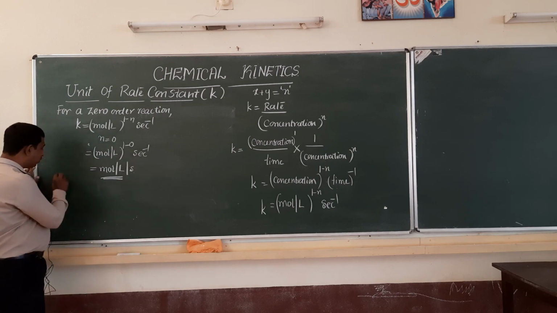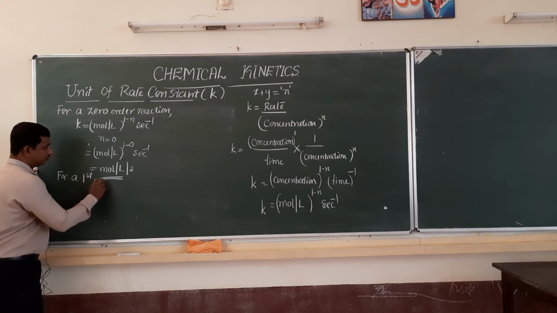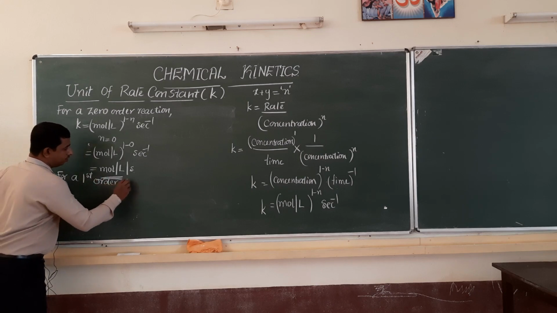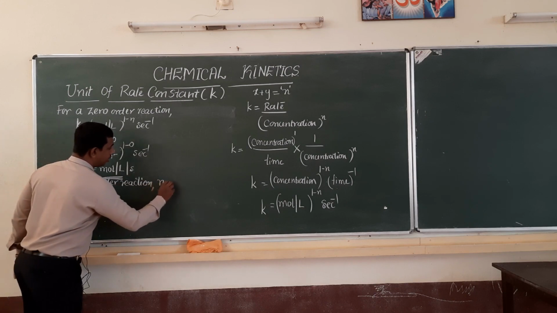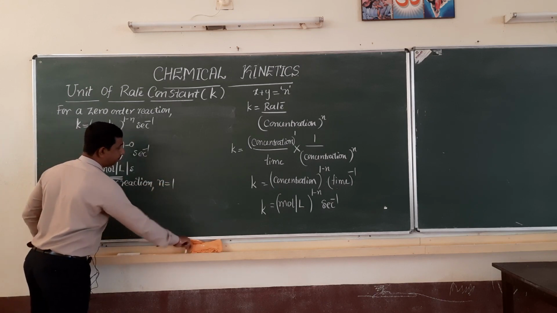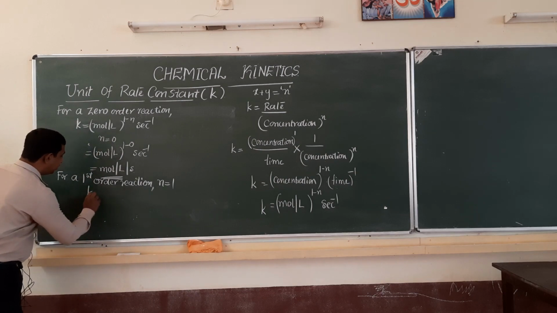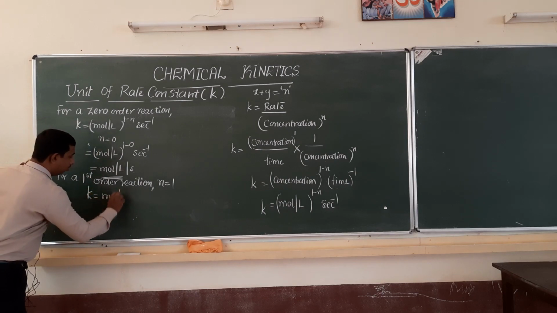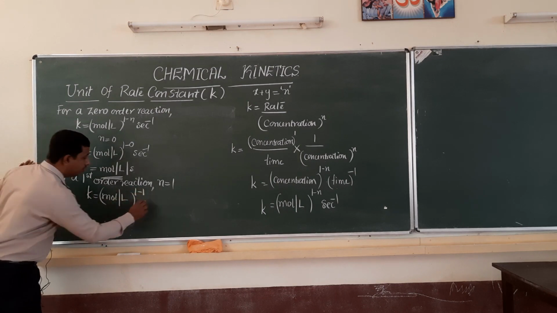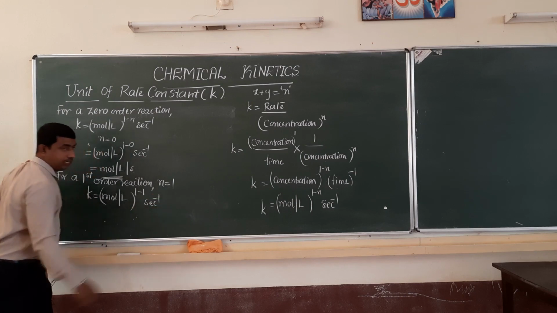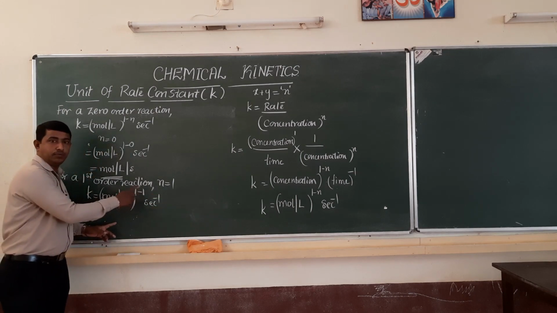Similarly, for a first order reaction, the n value is equal to 1. So we can write K is equal to mole per liter power 1 minus 1 per second. 1 minus 1 is 0, and any term to the power 0 is 1.